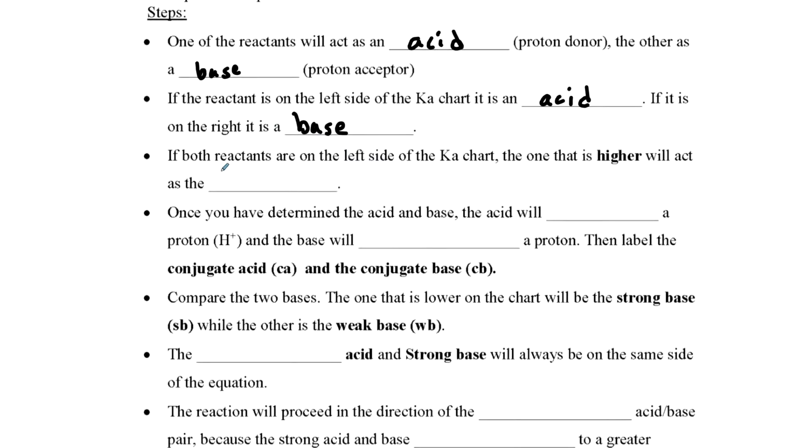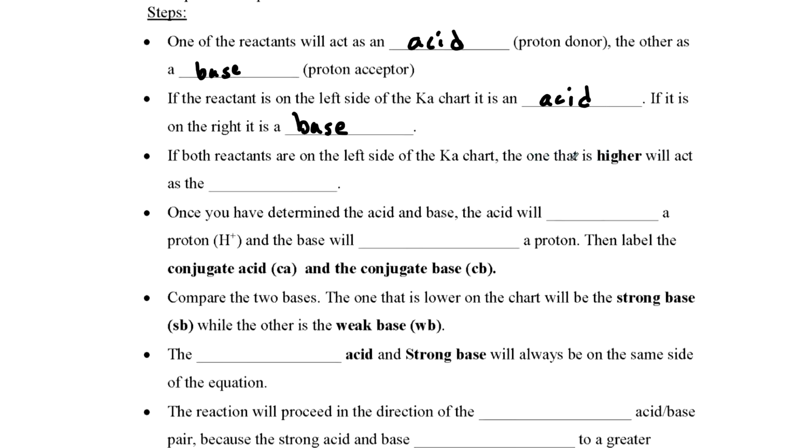Okay, so if you're looking at your two reactants and you find that they're both in that left-hand column, they're both in the acid column on your Ka chart, how do you decide which one is going to act as the acid, which one's going to donate the hydrogen ion or the proton?